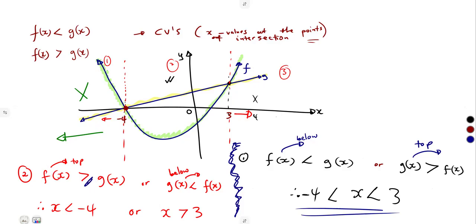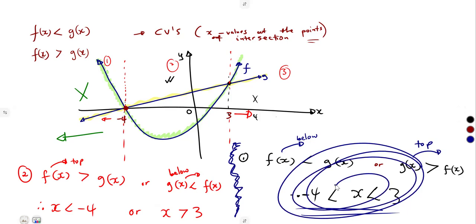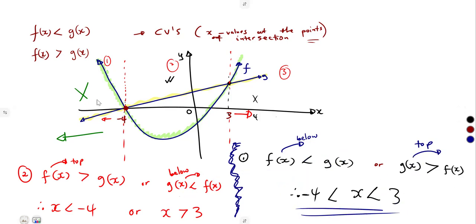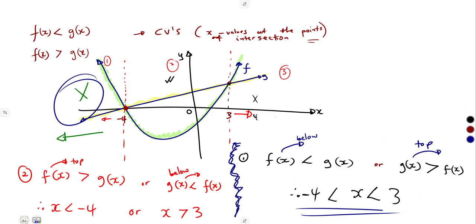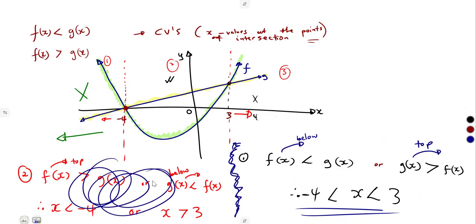It can be equal to, you also put the equal to there. What does not satisfy this satisfies the other region. So these solutions, remember we said we do not want them here, but they are needed when it is this type of question. This is what you're going to write.